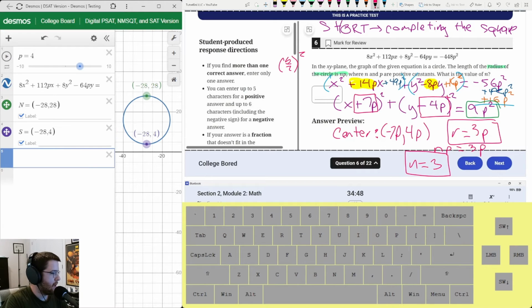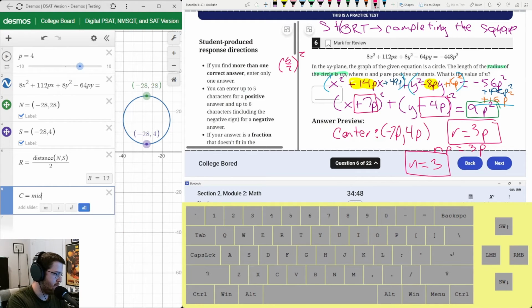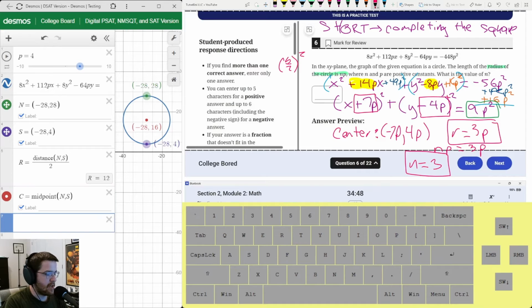Label that. Now to find the radius, we're going to do distance n comma s over 2. And now to find the center, we're going to do midpoint n comma s. Then we'll label that. And the radius is 12.